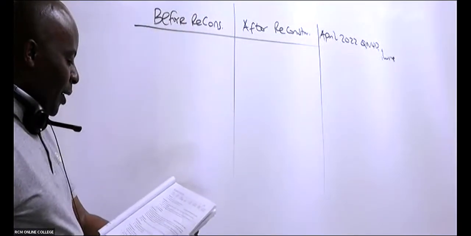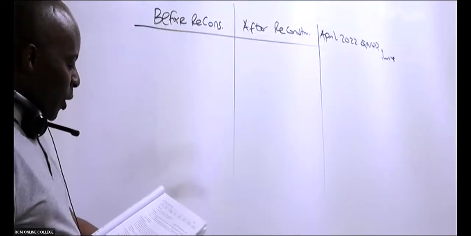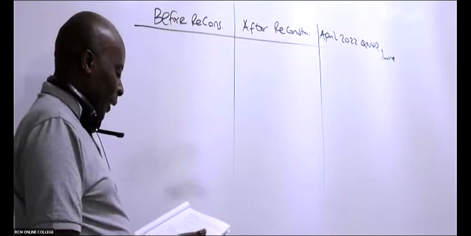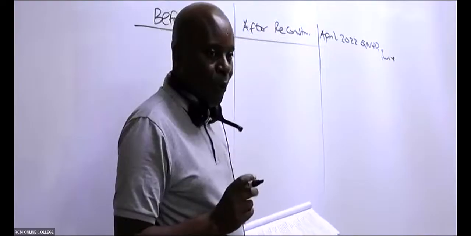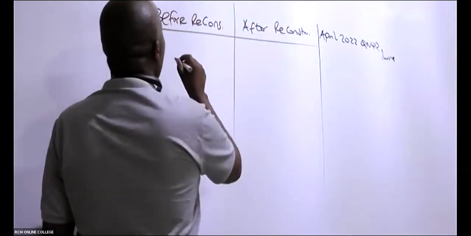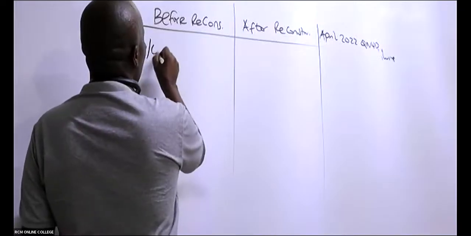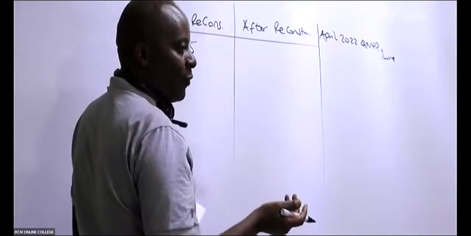All right. So before reconstruction, what are we told there? Look at the last paragraph. There are only 2 paragraphs. So the second paragraph is where they're giving us the debt to equity ratio. The old debt to equity ratio was 0.15.